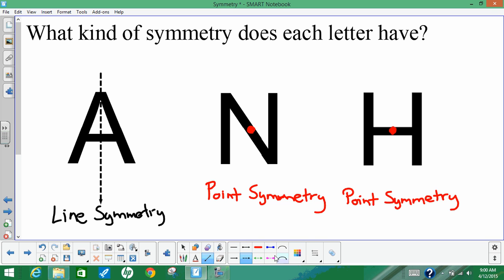It's also going to have line symmetry. Draw a line vertically to that center point, and we fold or reflect H over that line, it's going to look exactly the same. It's got a second line of symmetry as well if we go horizontally through the middle.